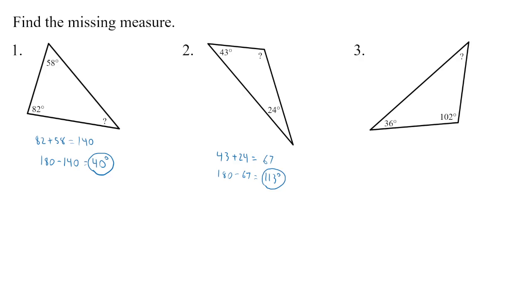Number three, you're going to add up 36 and 102. And that will give you 138. And then you do 180 minus 138.